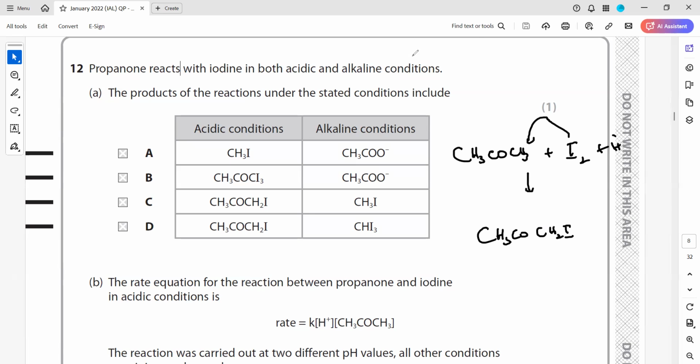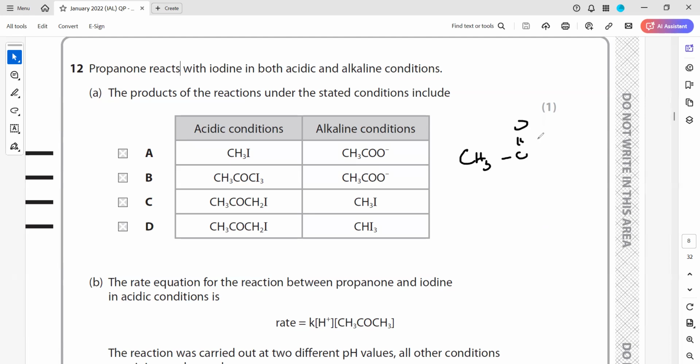But in alkaline condition, what will happen? In alkaline condition, it is also a test to check the methyl group next to the carbonyl group, the iodoform test. So when we carry out the reaction in alkaline condition, this CH3 will be removed, and this CH3 will combine with iodine to form CHI3, triiodomethane. I did not balance the equation.